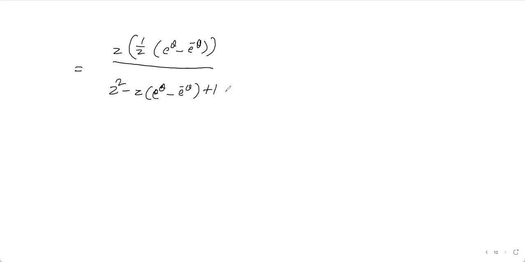So this would lead to z sinh theta by z squared minus 2z cosh theta plus 1. Okay, so we got the results of cosh n theta as well as sinh n theta.